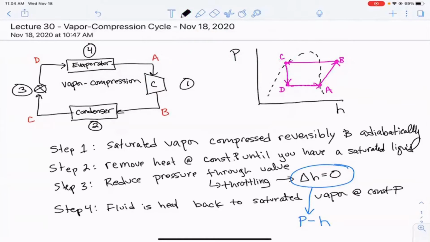If we just draw the steps, just so everybody's clear, that's step 1, that's step 2, that's step 3, and that's step 4 in our pH diagram. Before we talk about anything else, does anybody have any questions about the overall process here?